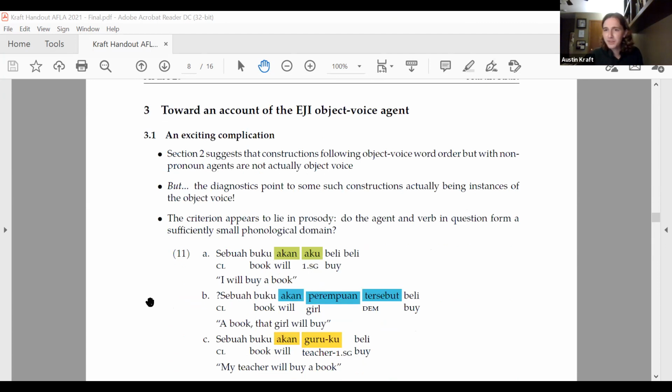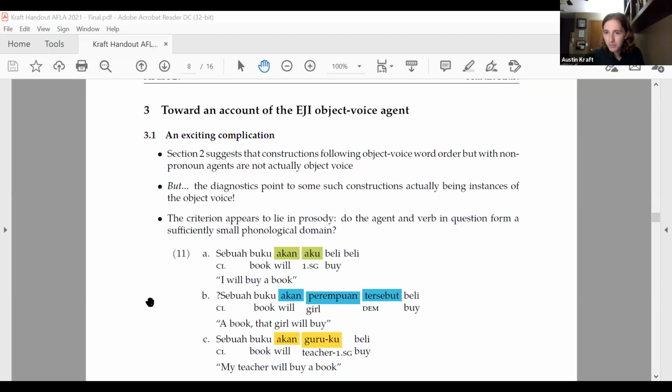one of the triplets of findings that has led us to this exciting complication is the set in 11, where 11A and 11B are a contrast that we've seen previously in the diagnostics, whereas with 11C we have something that's very much not a pronoun agent, but is still acceptable with an indefinite theme.